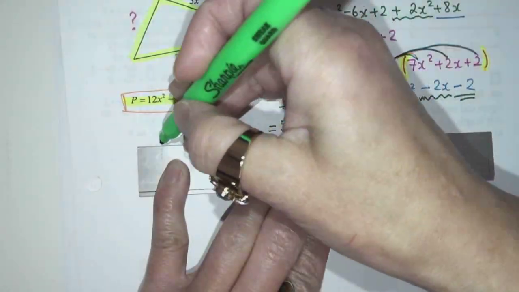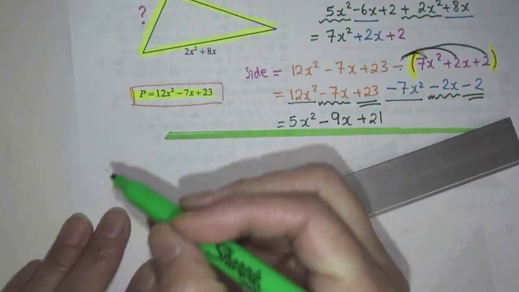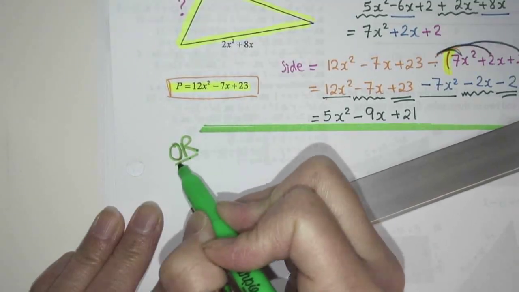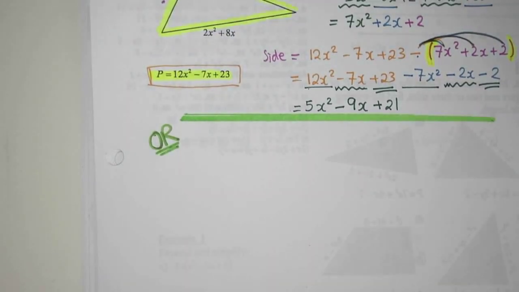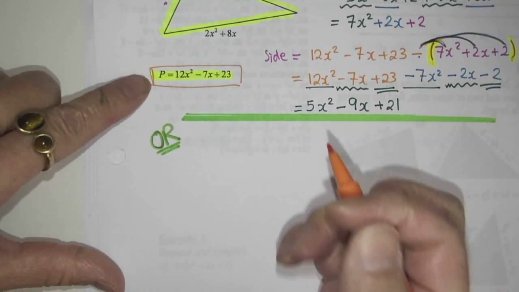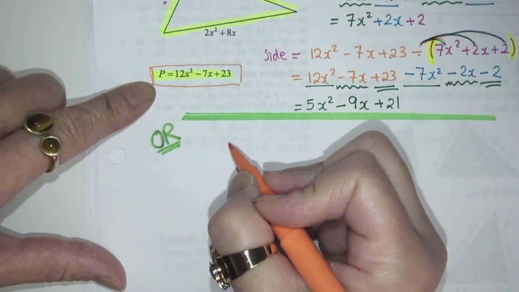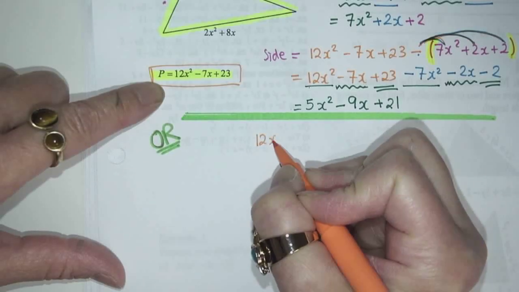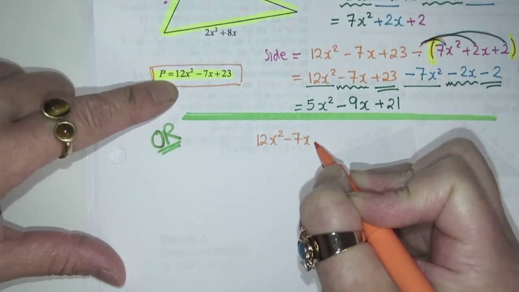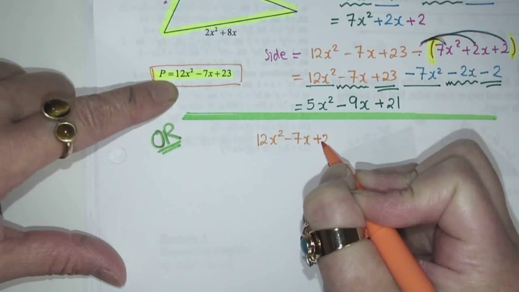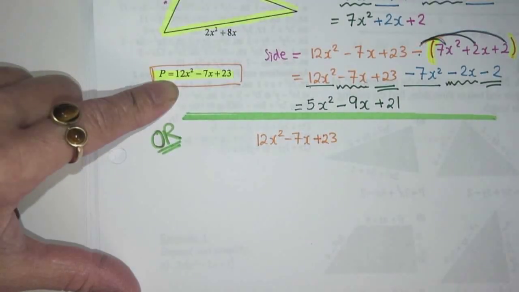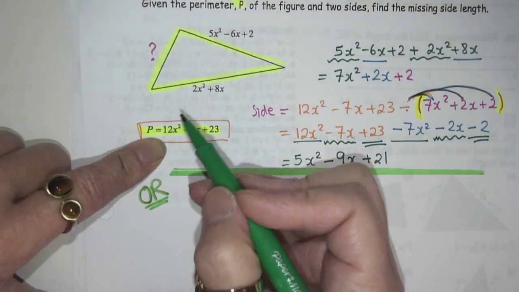Okay, I'm going to put "or" and do a different one. Or, you don't have to answer two ways, just answer one. But or, the other possibility is to grab the perimeter right away, and you would go 12x squared minus 7x plus 23, and then just go ahead and subtract each of the two sides.